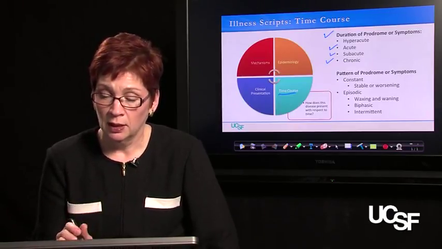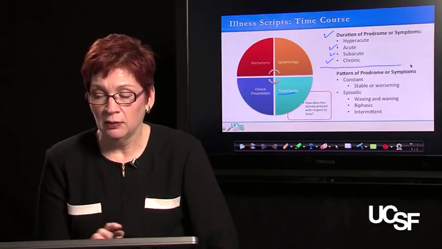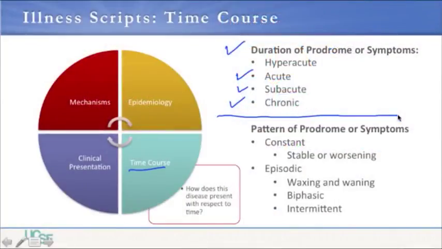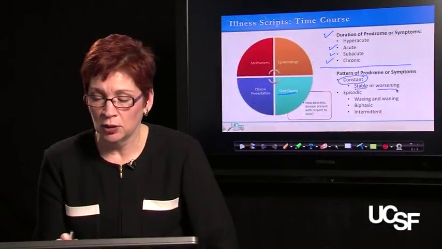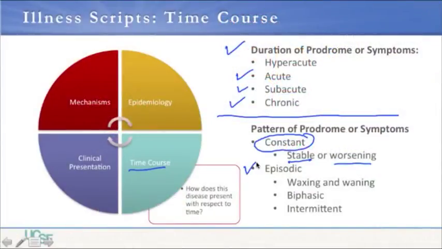The other element, though, of time is a description of how, once the symptoms are present, they behave in terms of constancy. And typically you see words like the symptom is constant, stable, or progressive. That's another element of time course. Or you might see that the symptom is more variable.